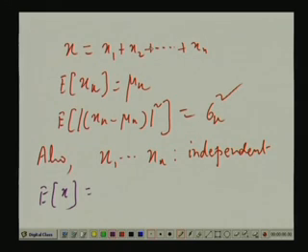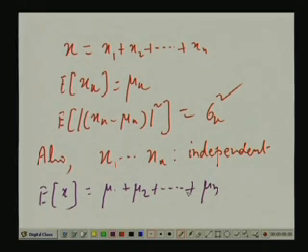Obviously, E of x_1 plus E of x_2 plus dot dot dot E of x_n, using the linearity. So, it is nothing but mu_1 plus mu_2 plus dot dot dot mu_n.